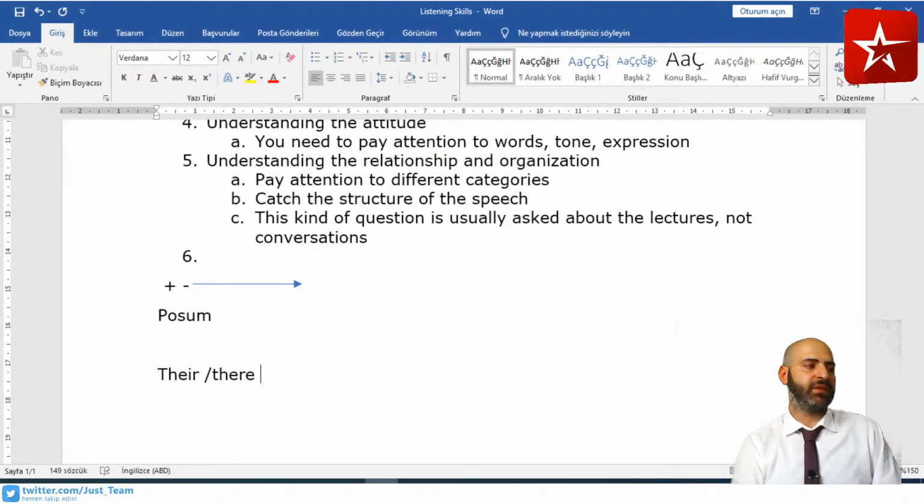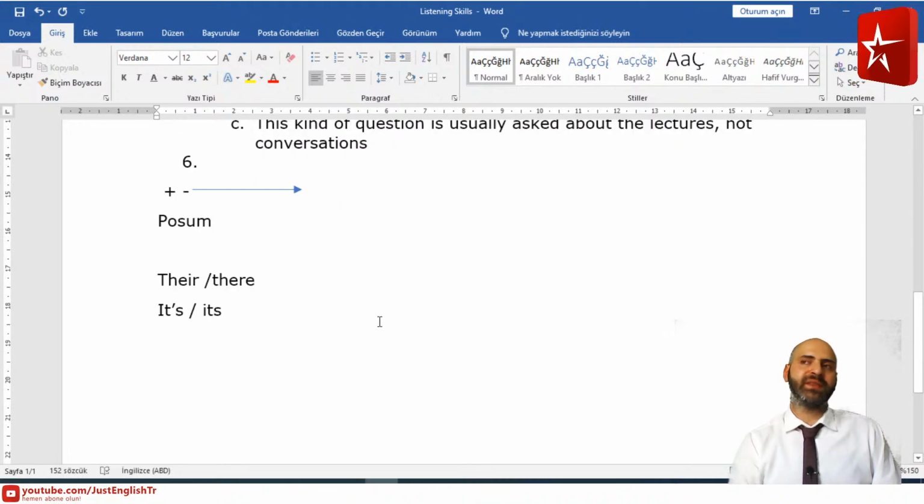So it depends on the content and context of the listening. Or you hear, for example, "it's", maybe like this or maybe like this. Or when you understand the person says, "I see." "I see" has two meanings.